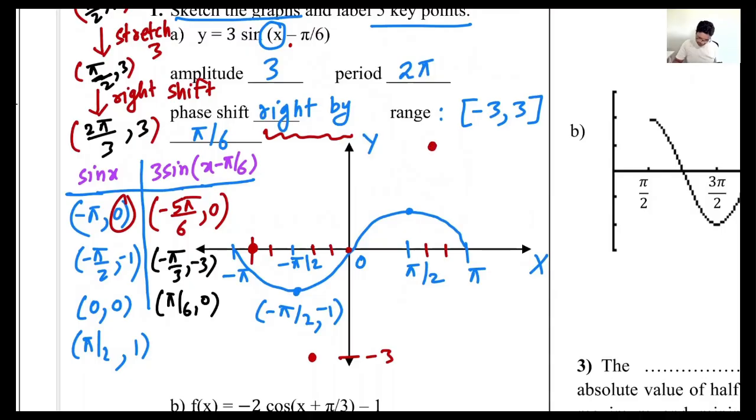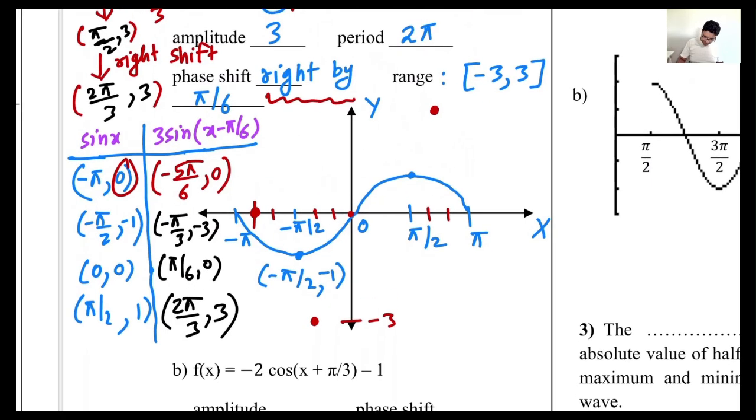So say here. Okay. And I can put that on my table here, 2 pi over 3, 3.